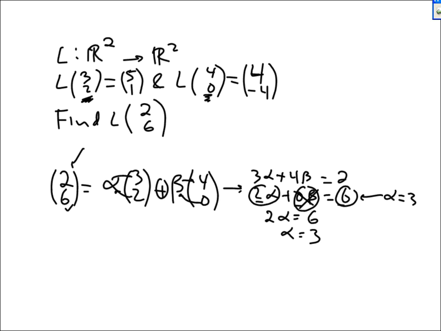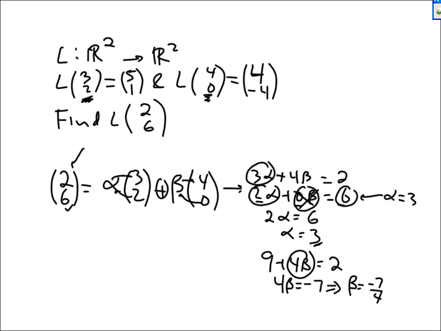Now we come to the first equation: 3 times 3, because alpha is 3, plus 4 beta is 2. This must be negative 7, because 9 plus negative 7 is 2. So 4 beta is negative 7, so beta is negative 7 quarters.